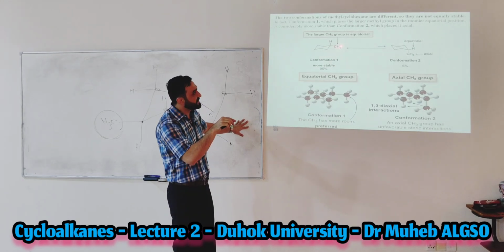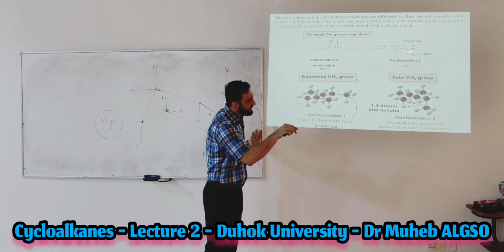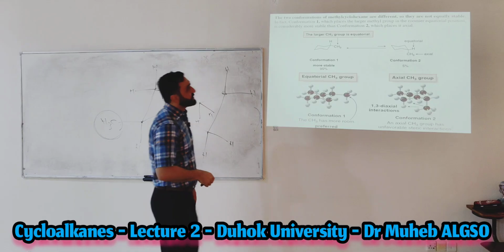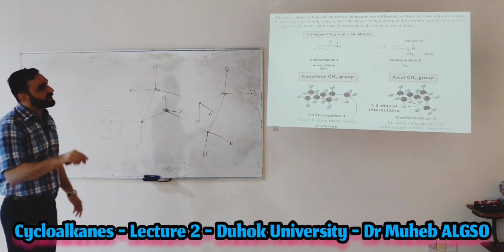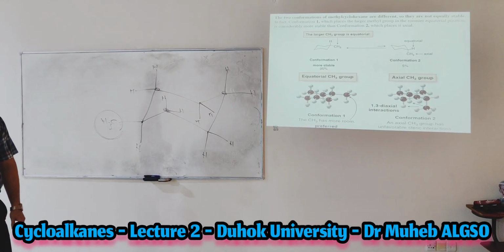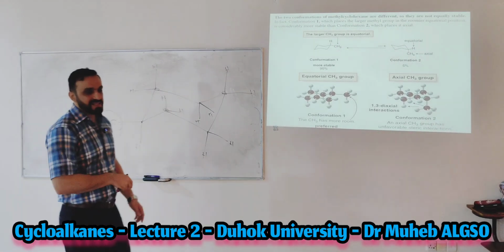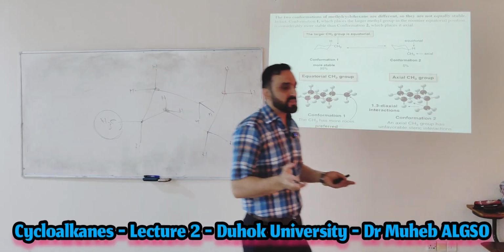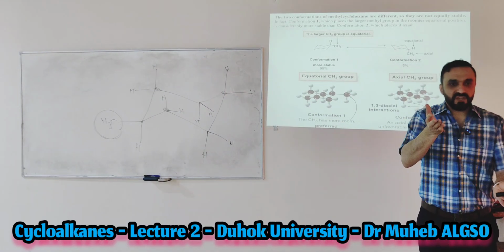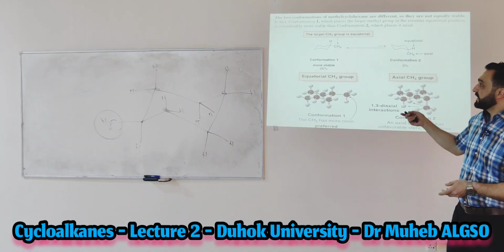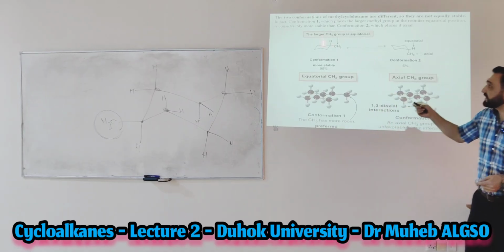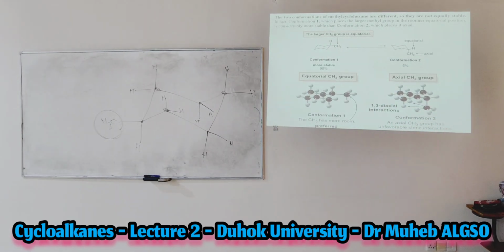The CH3 here is equatorial, and the CH3 here is axial. So they are not equally stable. You cannot say the stability of this compound is equal to the stability of this compound. Not like unsubstituted cyclohexane, where there is no difference between the first chair form and the second chair form. But here, we have different stability between the chair forms.